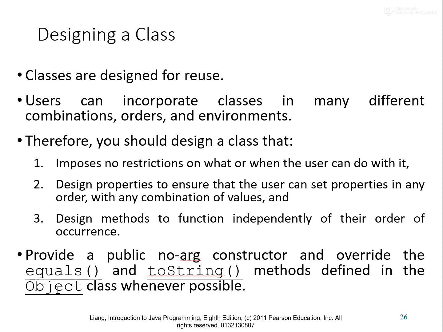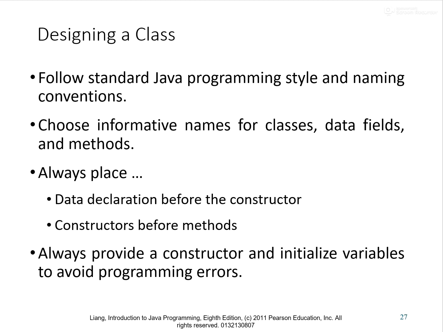Now, after we deal with strings next week, we'll get to another topic called inheritance, and that's basically when we'll really get to understand what this object class is, and how it relates to this equals method and this toString method, and why it is that every class, even the ones that we are writing, already have these two methods, and why it is important to override them.